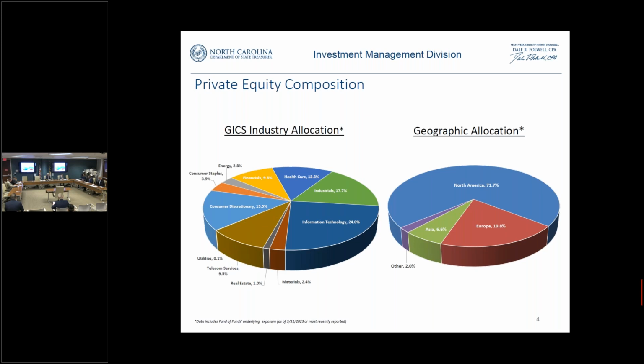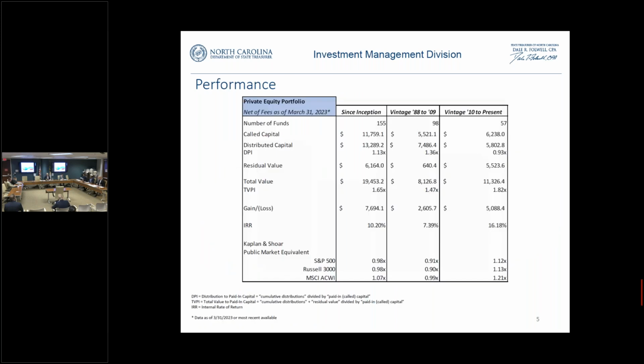In terms of the industries, we don't manage to target allocations in industries. We just monitor them to make sure we're not over-allocated to any one. And really, as Sean pointed out, the IT space jumped off the page to us at about 1/4 of our exposure. That still is below the S&P exposure. Next page.